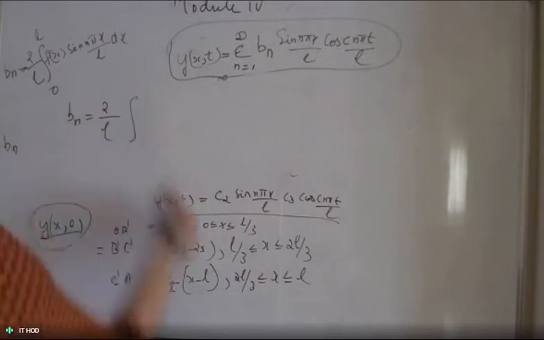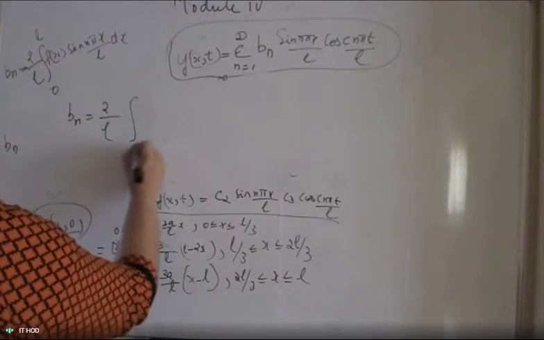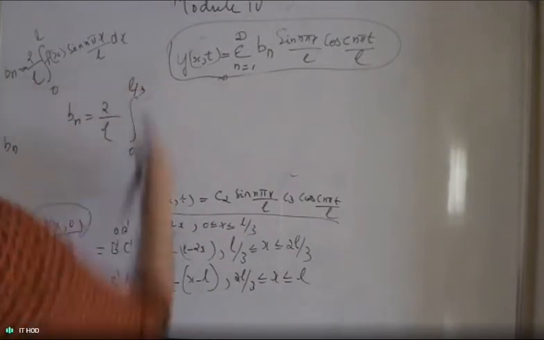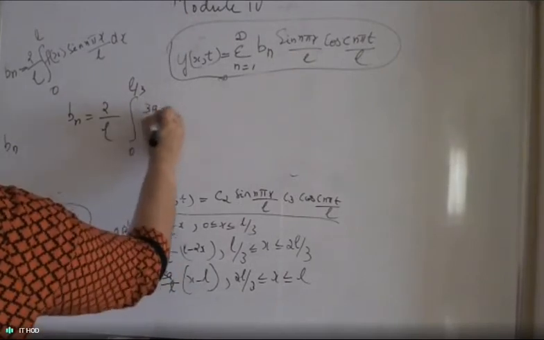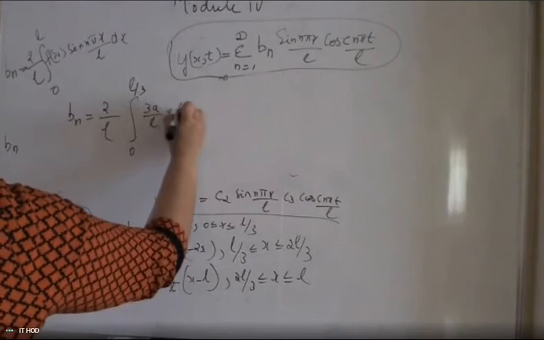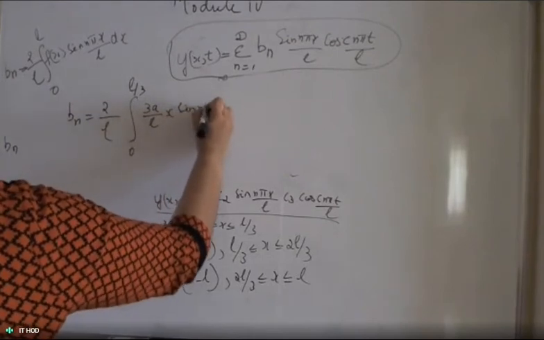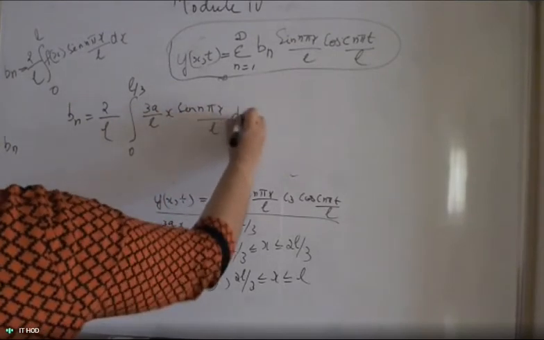First one is from 0 to L by 3. What is our f of x? F of x is 3a by L x sin n pi x by L dx.